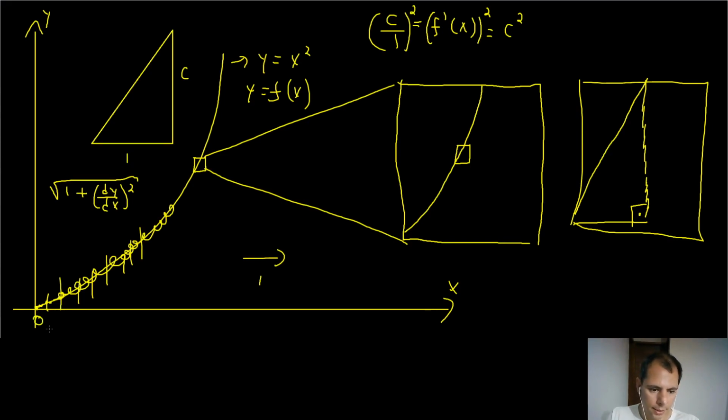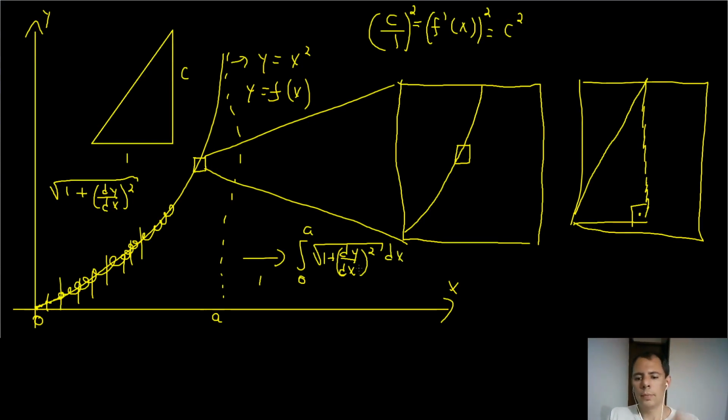Let's just say that this is 0, and this point right here is the point A. The length of this curve is going to be the integral, okay, of the square root from 0 to A of 1 plus dy dx squared dx.